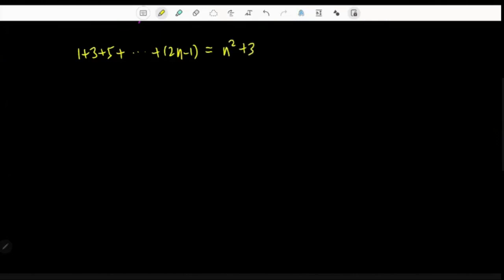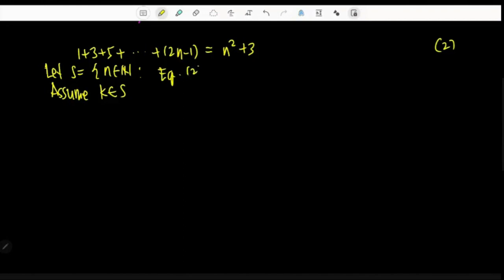If we try to bypass the basis of induction and proceed directly to the inductive step, we automatically assume that k is in S, right? So S is the set of all integers satisfying this equation. Let's call this equation 2. So let's say S is all the integers such that equation 2 holds.